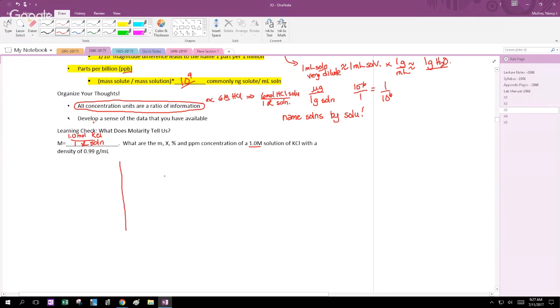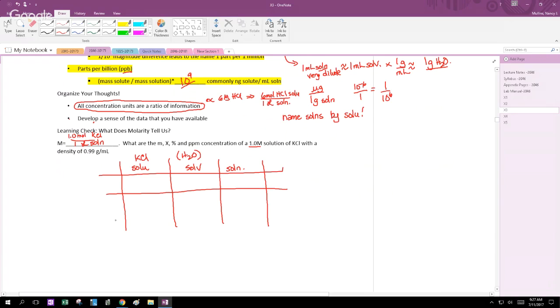Then I set up a little chart just to keep organized about what I'm talking about. Am I talking about the solute? In this case, that's KCl. Am I talking about the solvent? In this case, it's implied to be water. If they don't tell you otherwise, if you're talking about a solution, it's probably going to be an aqueous solution. Or am I talking about the solution itself?